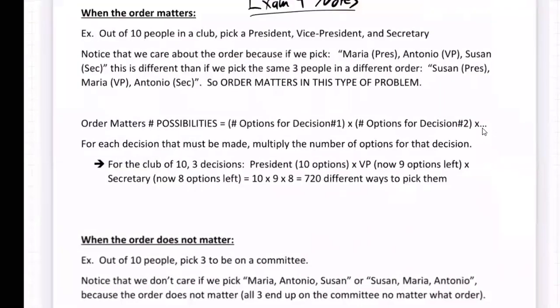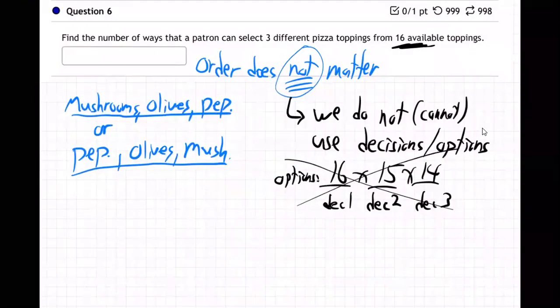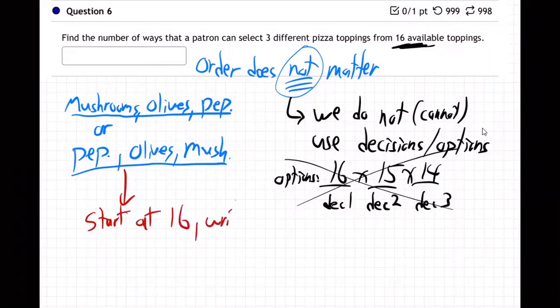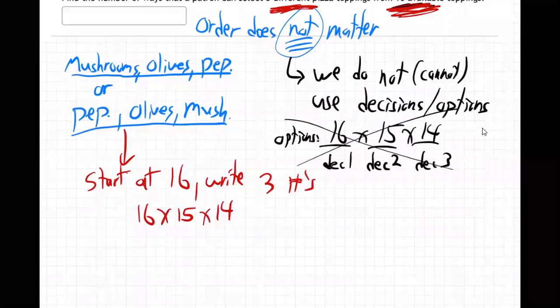So let's get back to the problem. So order does not matter. So that means you start at 16, write 3 numbers, because we have 3 different toppings. 16 options, I'm choosing 3 toppings. So you start at 16, go 16, 15, 14, right?